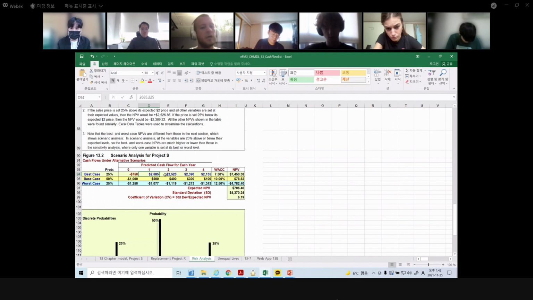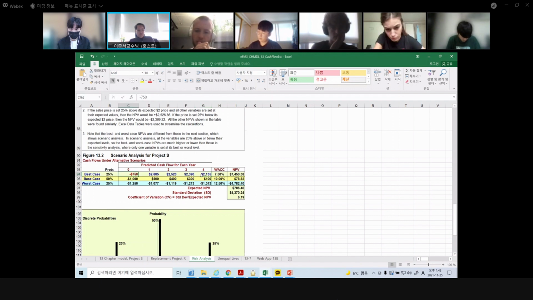Then the cash flow stream is definitely going to change, right? So if each variable value is just like that, then we can expect $2,685 at time one, $2,520 at time two, $2,390 at time three, $2,135 at time four, right? So the cash flow stream expected in each year is going to change, just like that.